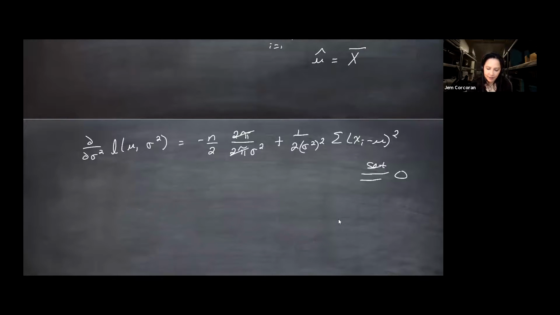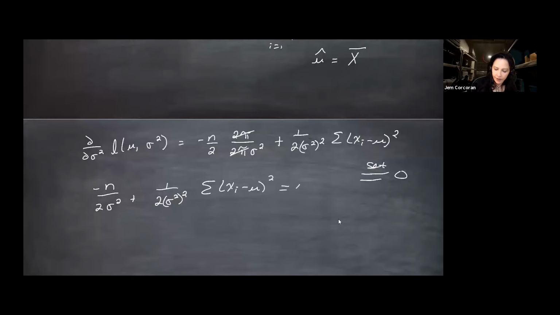There's no reason for me to write this line. Just trying to clean this up a little bit. Okay, so I don't have to combine these and get a common denominator because I don't care about the expression on the left-hand side, just solving for the sigma squared that makes this equal to 0.